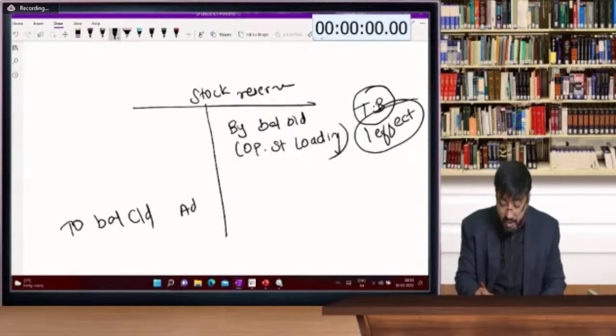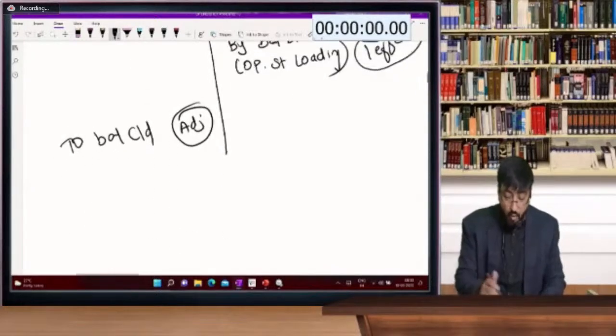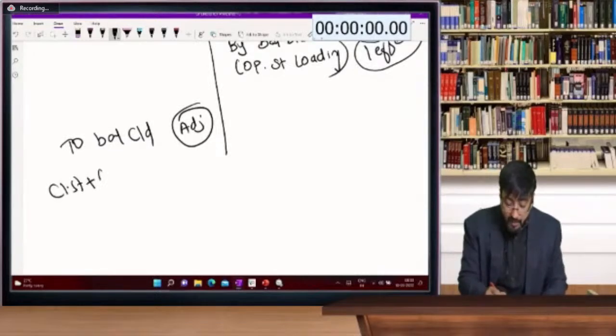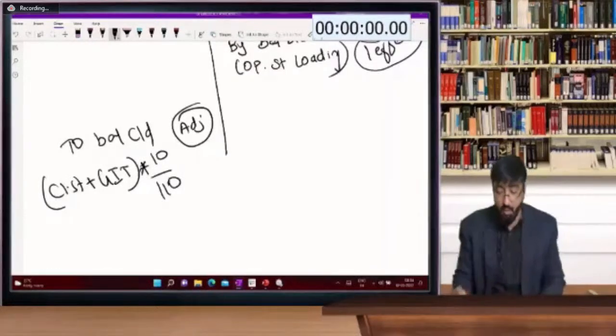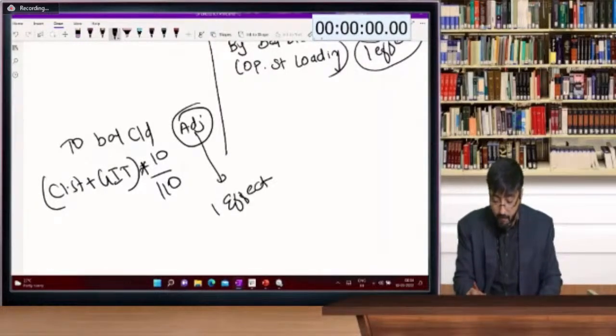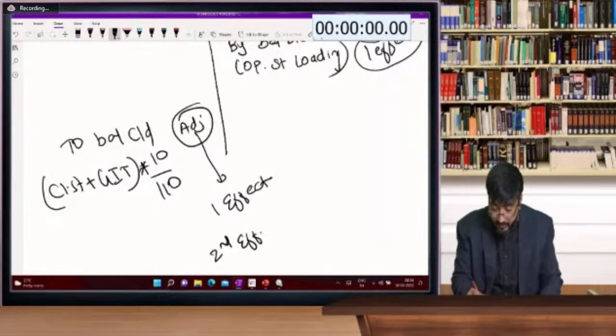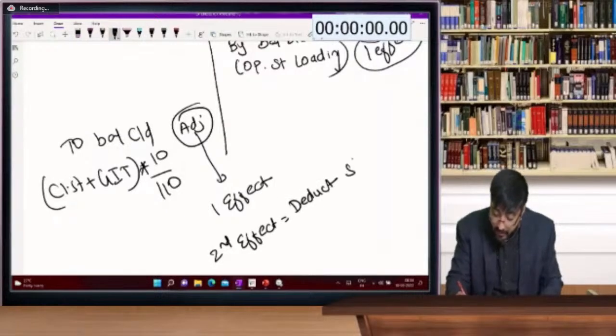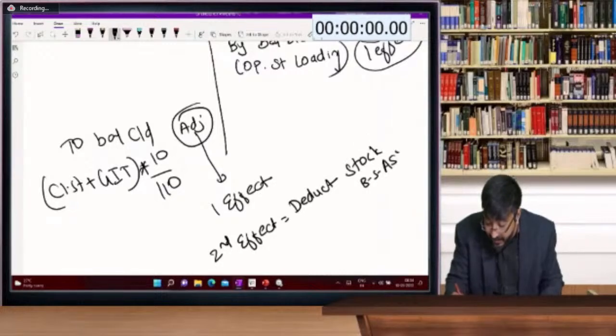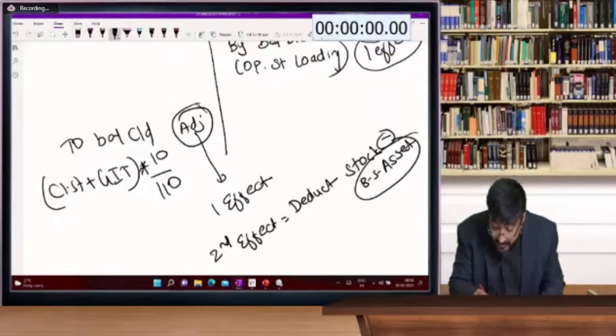This is an adjustment: closing stock plus goods in transit into 10 upon 110. Here it is one effect, to balance carried down. And the second effect, you will deduct it from stock on the balance sheet asset side, only this amount.